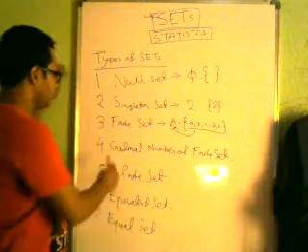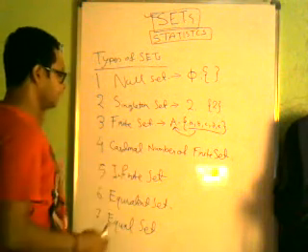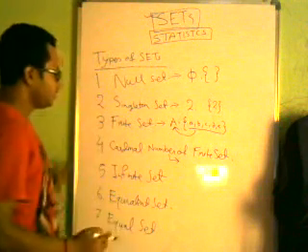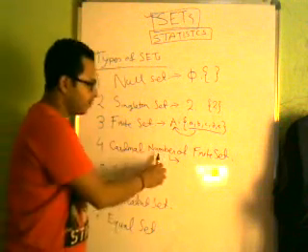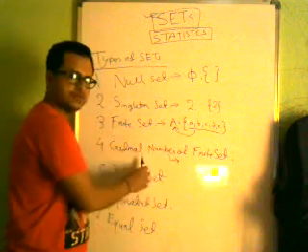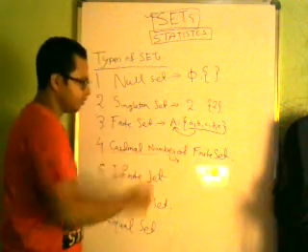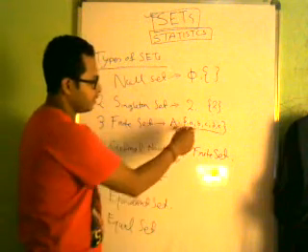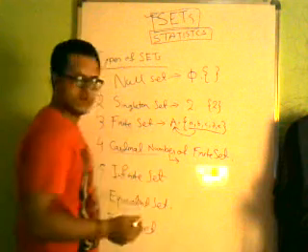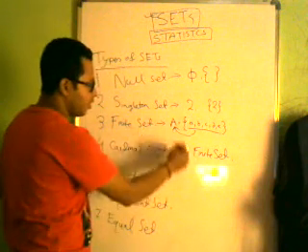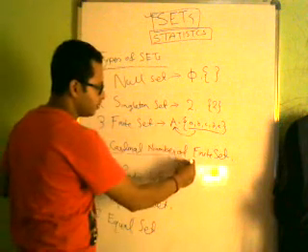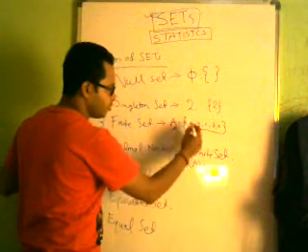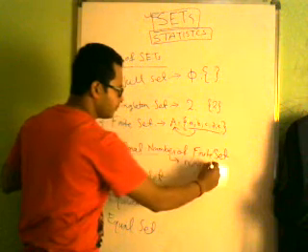Okay. So next one is cardinal number of finite sets. The cardinal number of a finite set is the number of elements in the finite set. That is called the cardinal number of a finite set. For example, if a set A contains these 5 elements, 1, 2, 3, 4, 5, then the cardinal of this set will be n of set A equals 5.